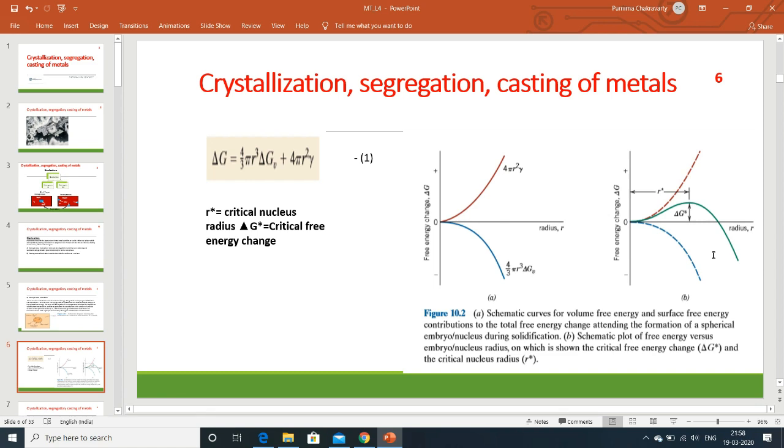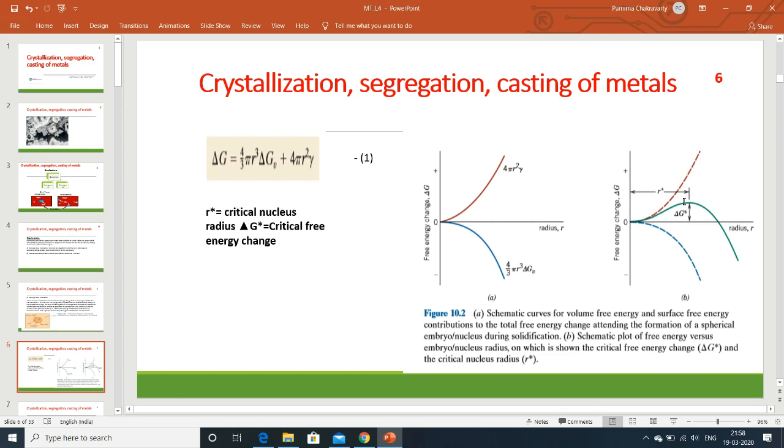So in a physical sense, this means that as a solid particle begins to form, as atoms in the liquid cluster together, the solid will start forming and its free energy will first increase.